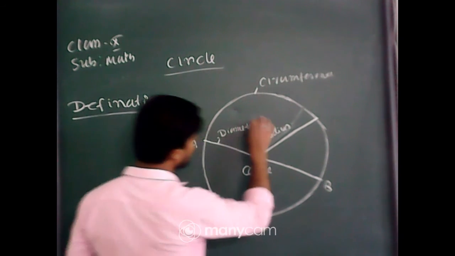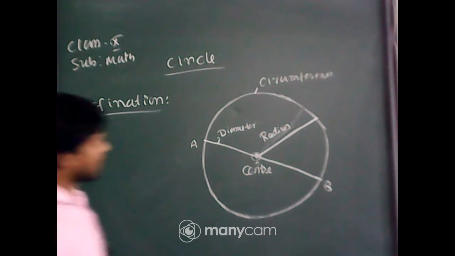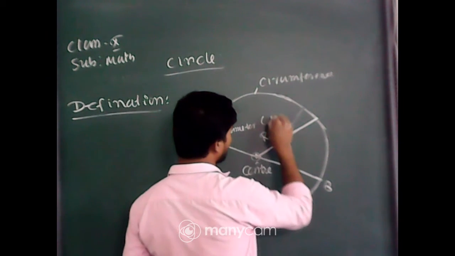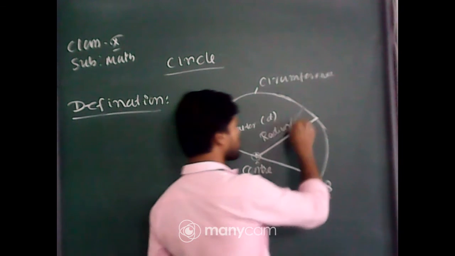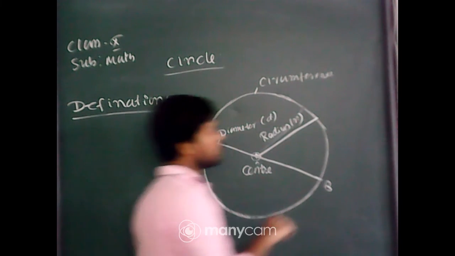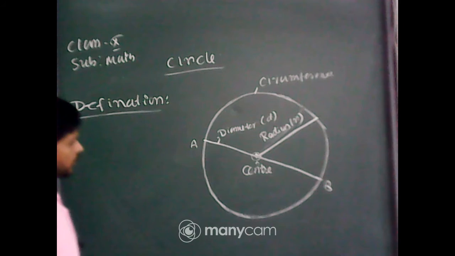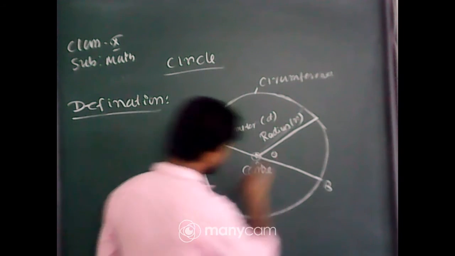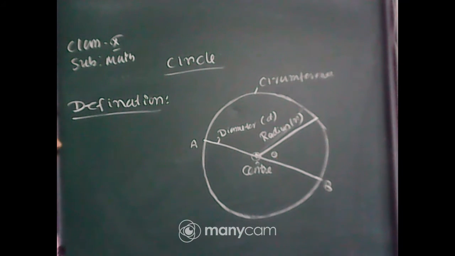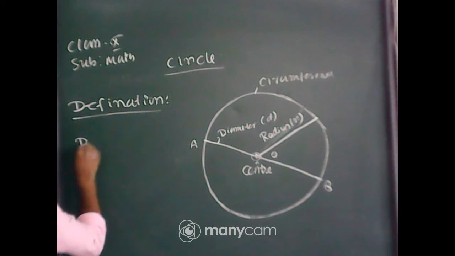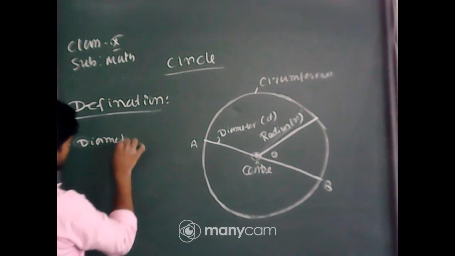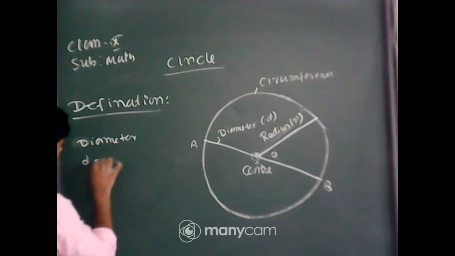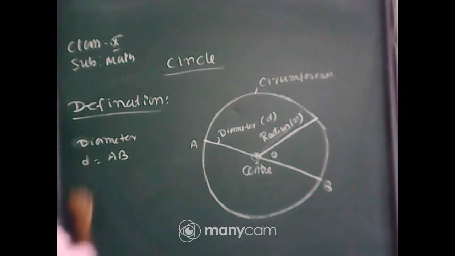The diameter of the circle is denoted by a small d, or you can say capital D, and the radius of a circle is denoted by small r. Now if I consider the center as O, the diameter d is AB.